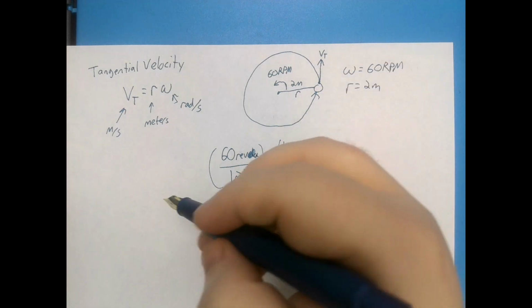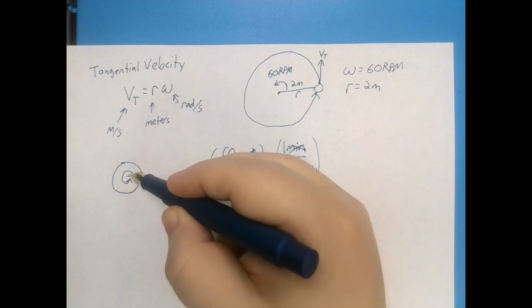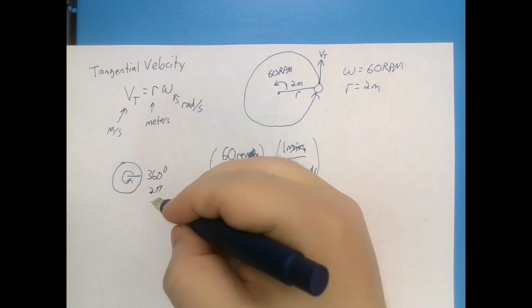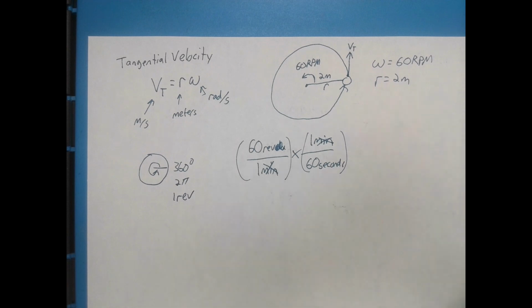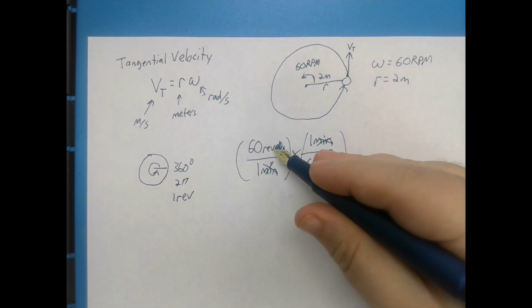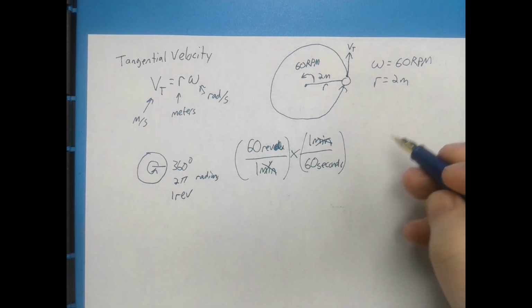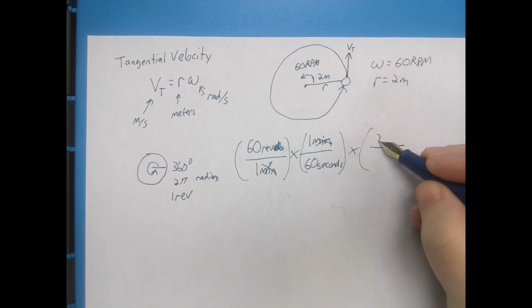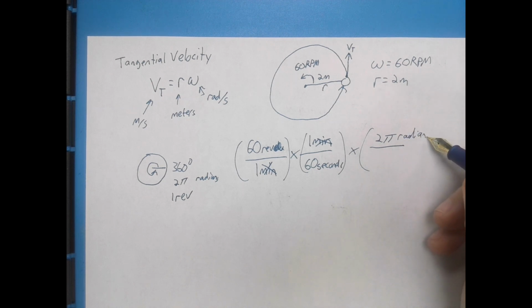A full circle is 360 degrees, or 2 pi, or 1 revolution. So we can convert revolutions into radians by multiplying by that ratio. There are 2 pi radians in 1 revolution.